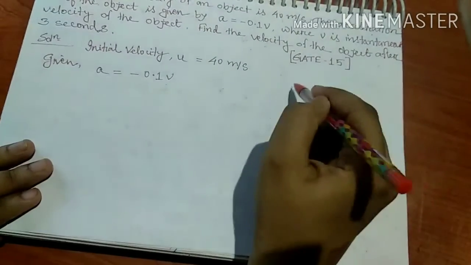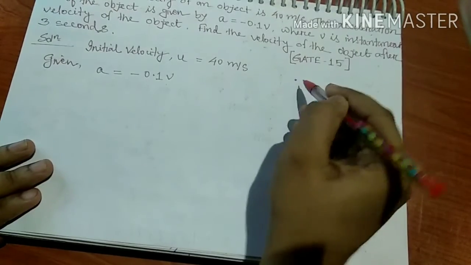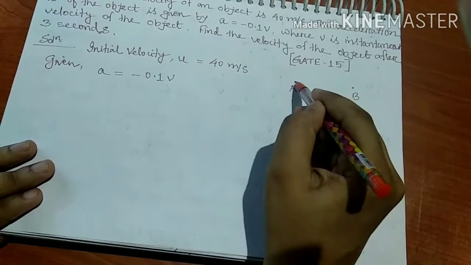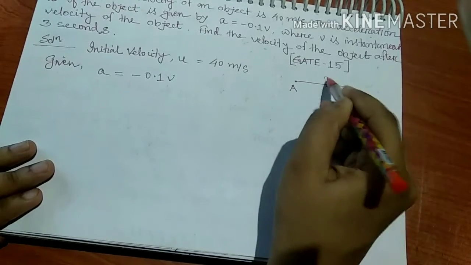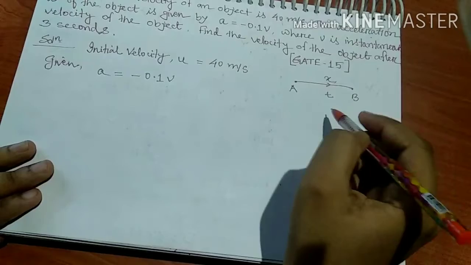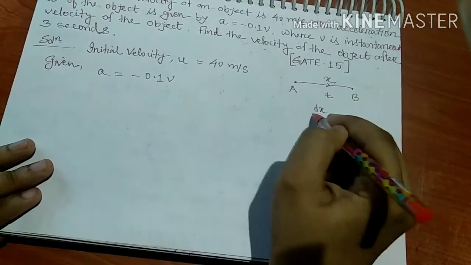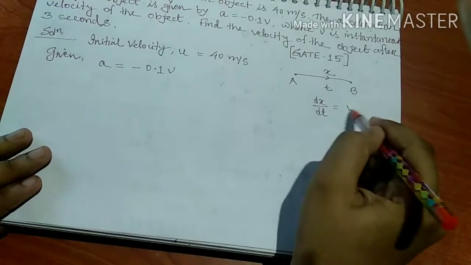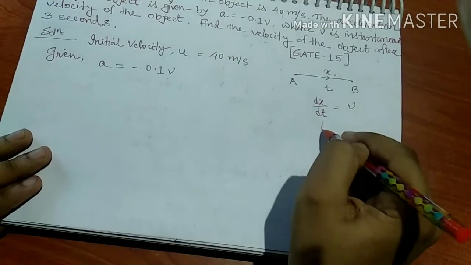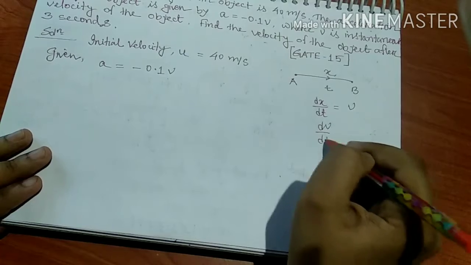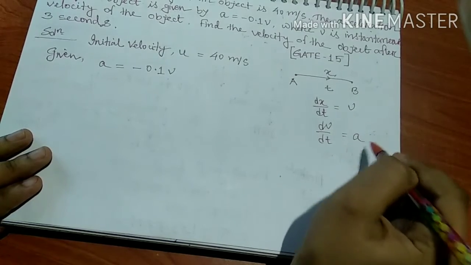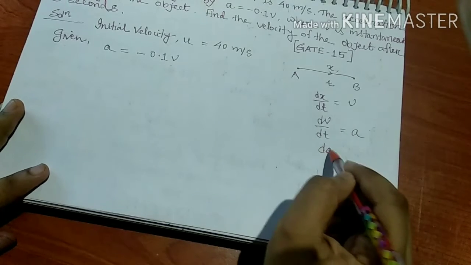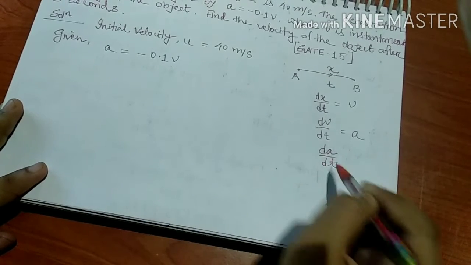Suppose a car moves from a to b covering a distance x in time t. What is dx by dt? dx by dt is velocity, right? And what is dv by dt? It is acceleration. And one more thing, what is da by dt?